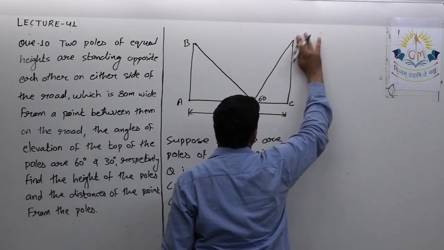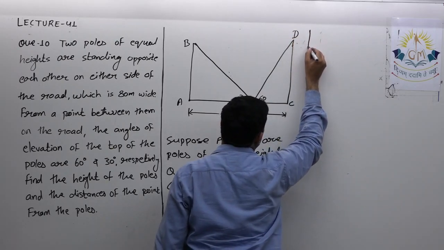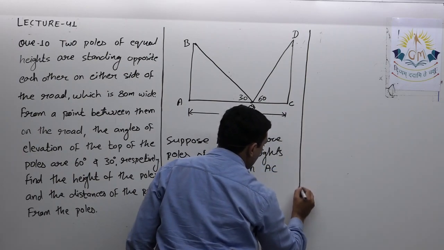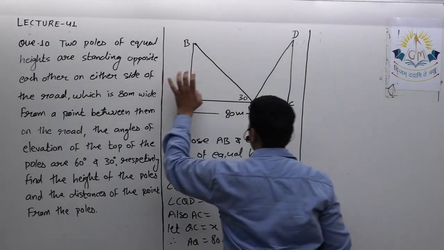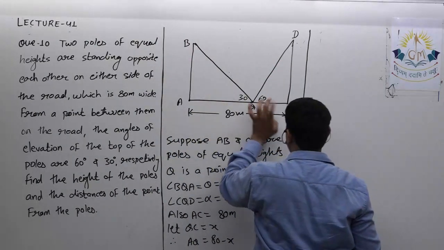Now again we have two triangles. Both are right angle triangles, one angle is given and we have to apply the trigonometric ratio to obtain length AB or CD, as well as AQ and QC.